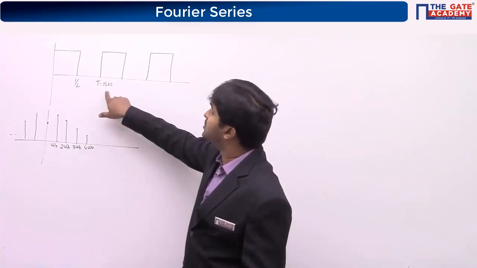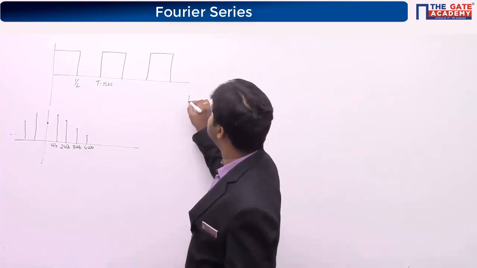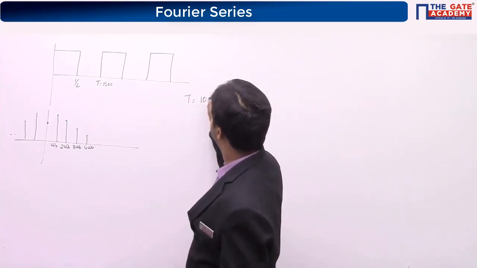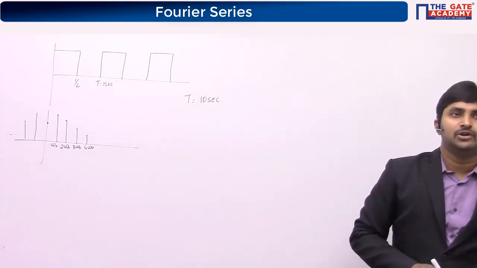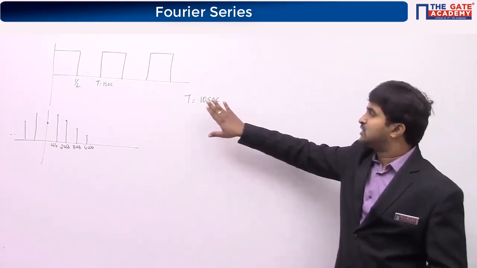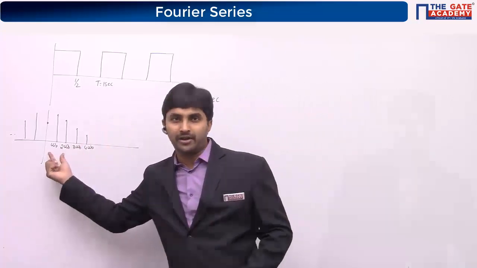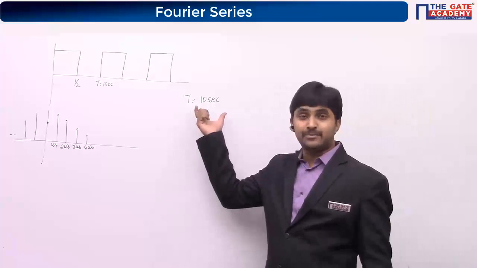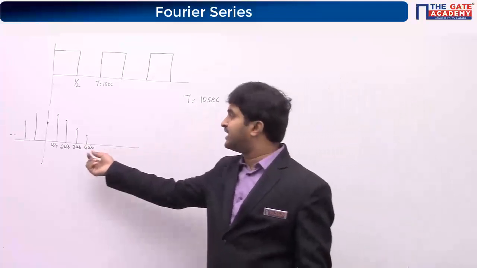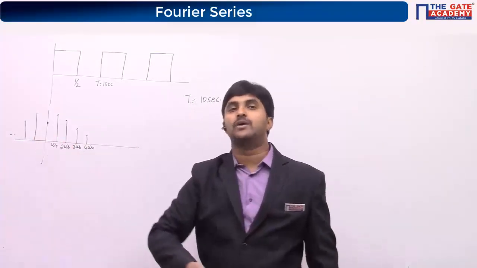Now what I wanted to do is increase this time period to 10 seconds. If I increase this time period to 10 seconds, what will be the effect on omega naught? We know that as the time period increases, the value of omega naught has to come down.